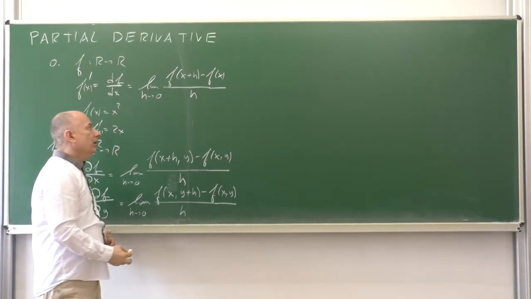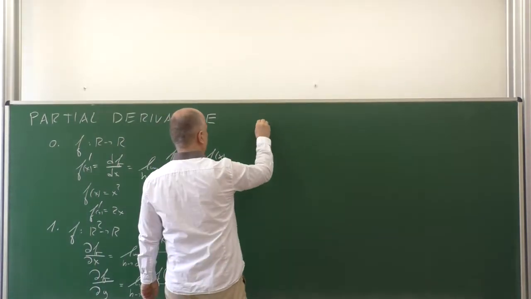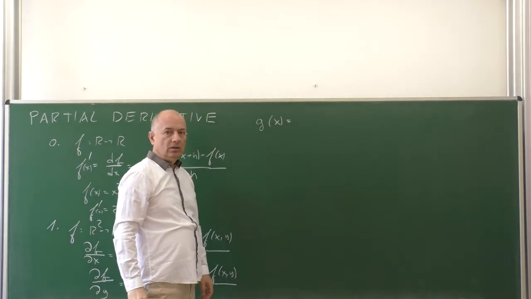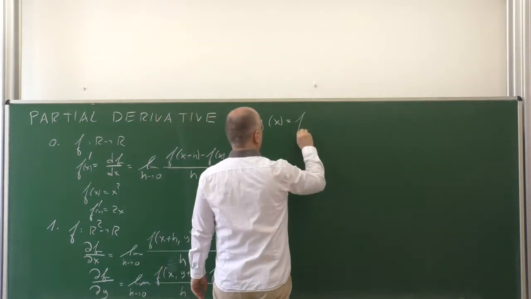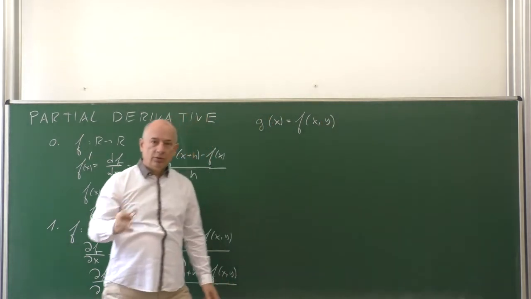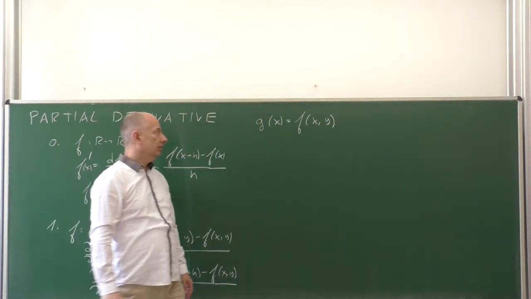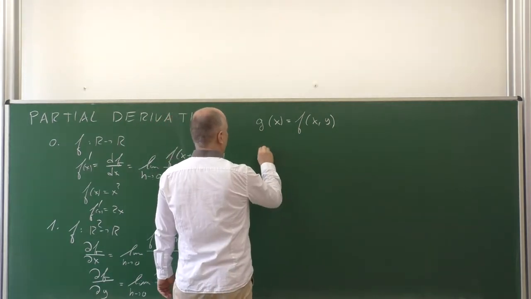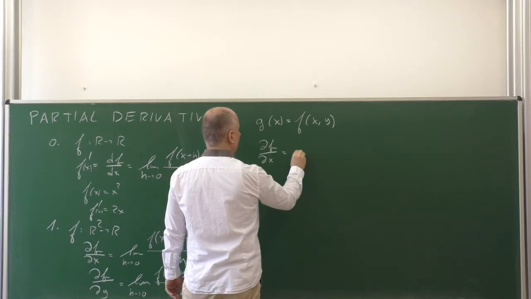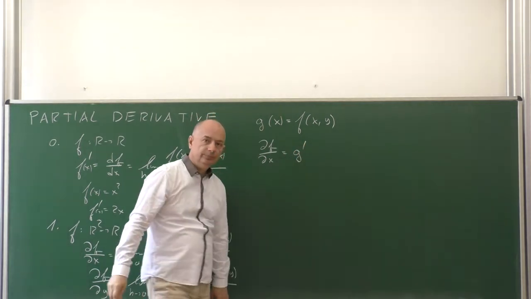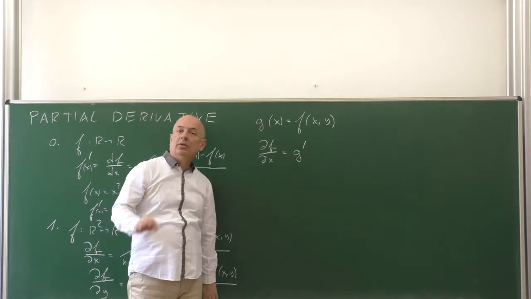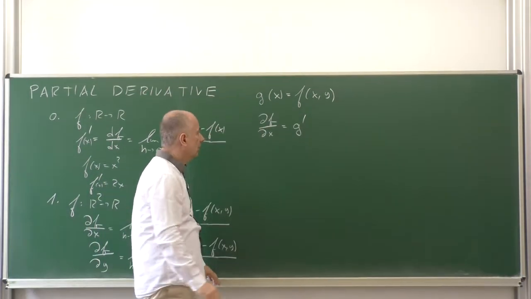Alternatively, we can consider a function g of x, which will be f at x for some constant chosen value of y, and then we can say that the partial derivative of f with respect to x is just the derivative of g. Now prime is a good symbol because g is just a function of a single variable.